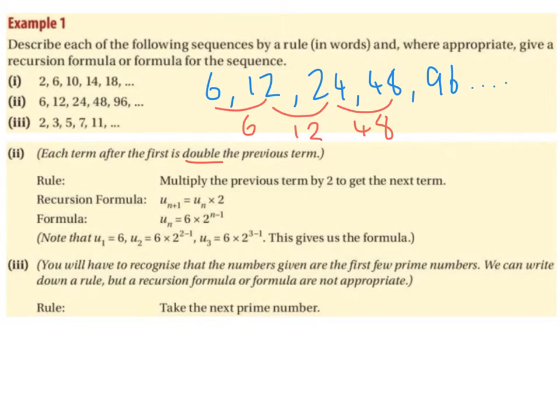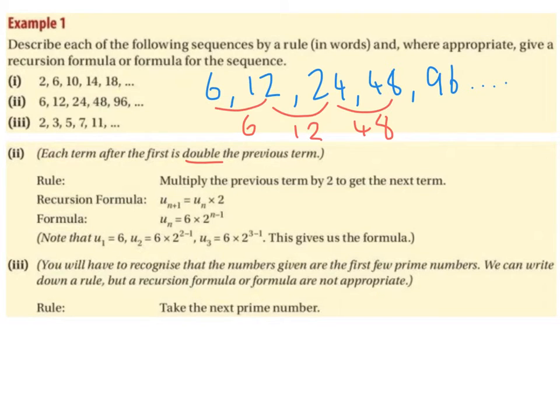So the rule in words, we multiply the previous term by 2 to get the next term. So the recursion formula would be un plus 1 is going to be un times 2. So whatever the un plus 1 represents, it's going to be the previous term multiplied by 2.